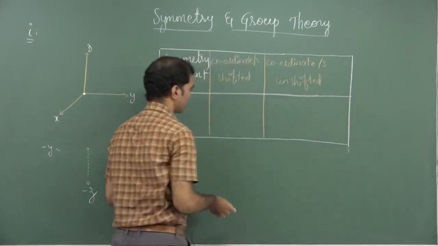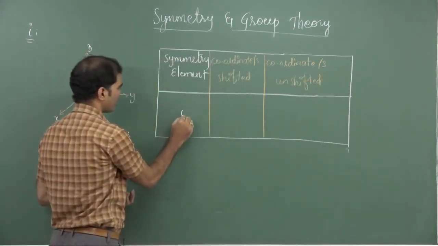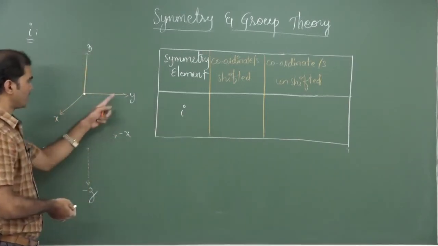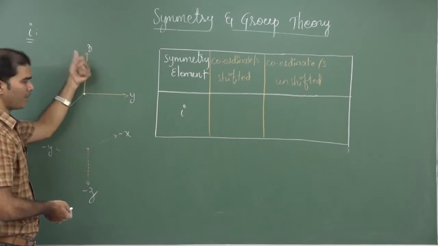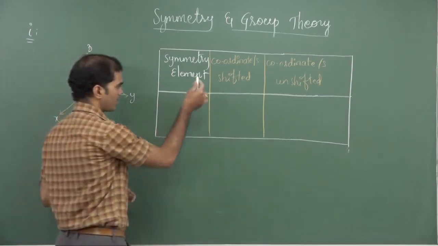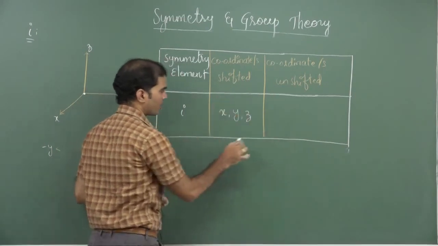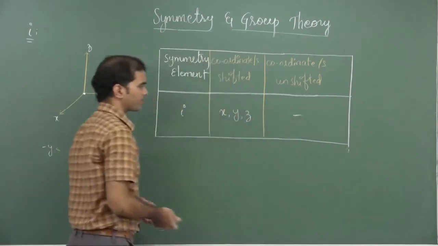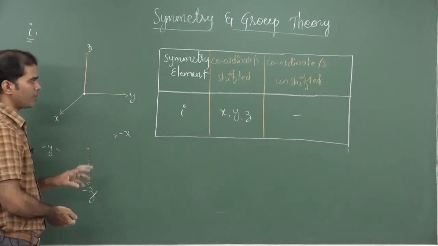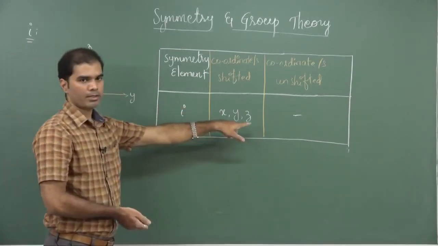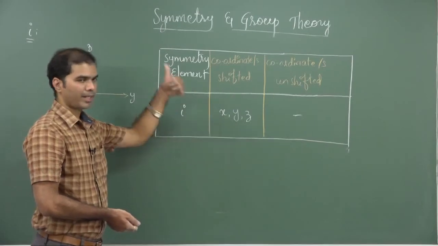The element is inversion. Which coordinates are shifted? X is being shifted, Y and even Z, all the three coordinates are shifted. There is no coordinate which is unshifted. So if we carefully look at the conclusions for inversion, you try to compare it with the Sn.